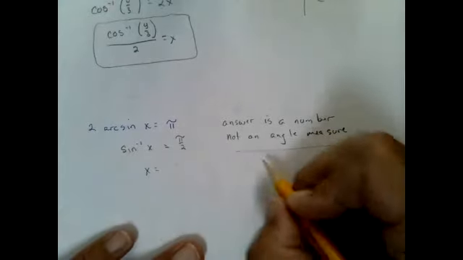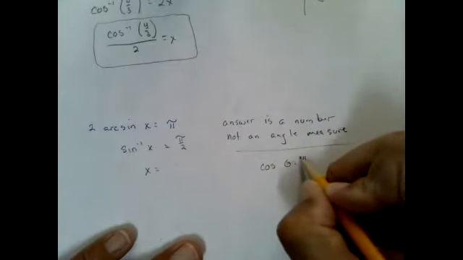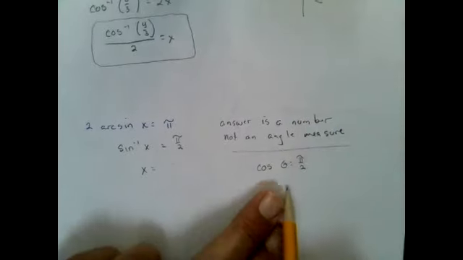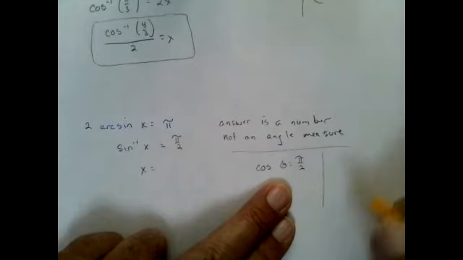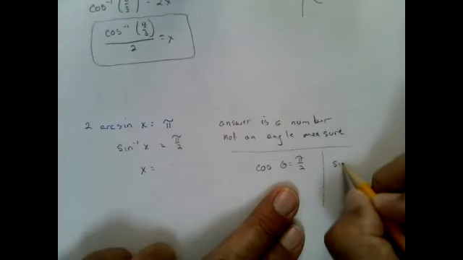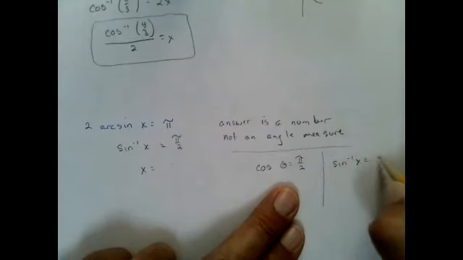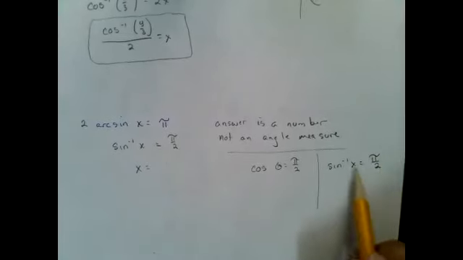If I had the cosine of theta equal pi over 2, theta is an angle measure, and it's going to give me 2 answers. If I started with something different, like we have here, the inverse sine of x equals pi over 2, I'm only going to get one answer.